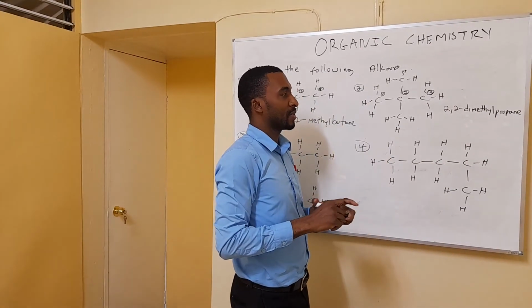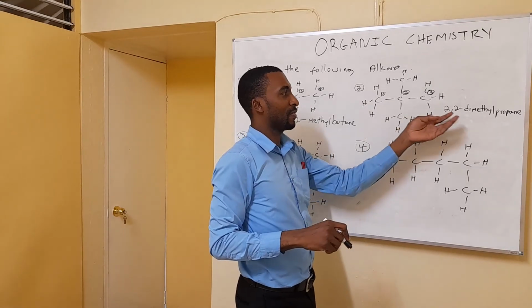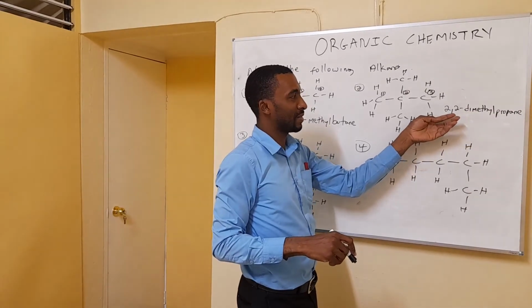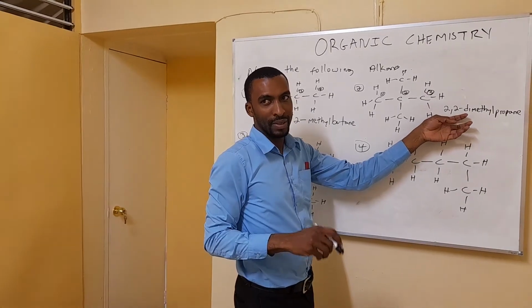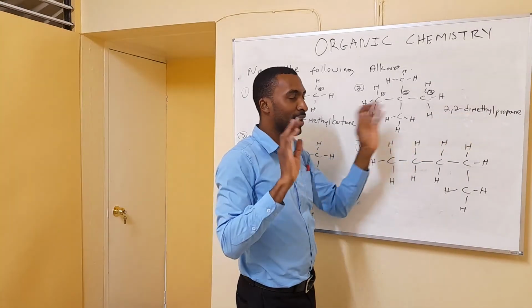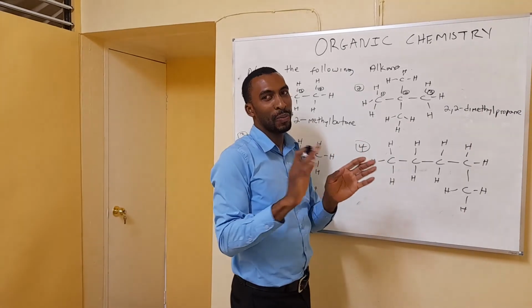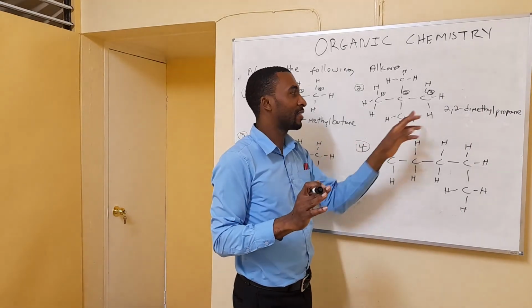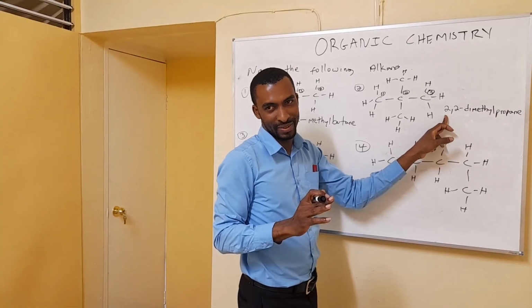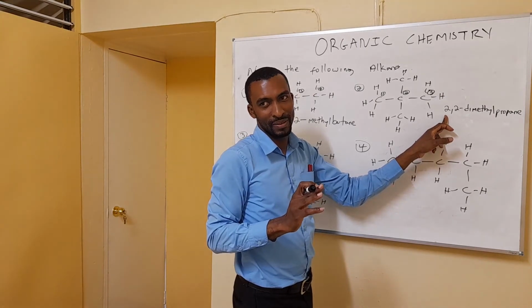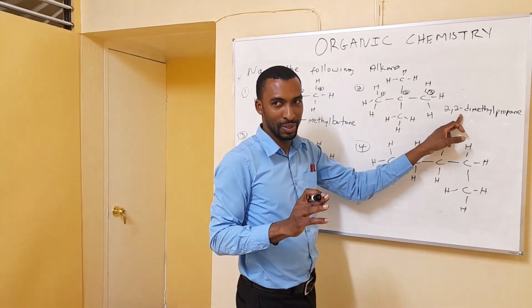Now, some students might ask, if we put the di here, why do we need to put the 2 twice? Reason being, if it was a longer molecule and the 2 methyl groups were not on the same carbon, then it would be 2 different numbers here. Following? So that is why we have to put 2,2 here.